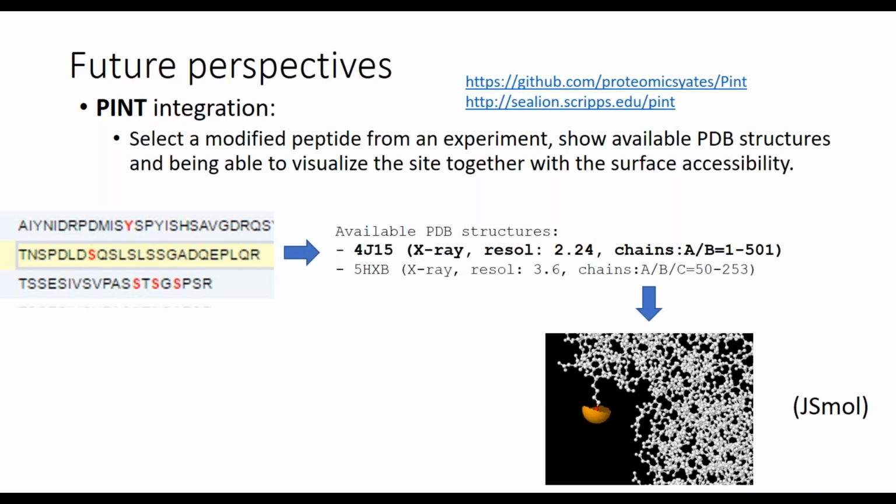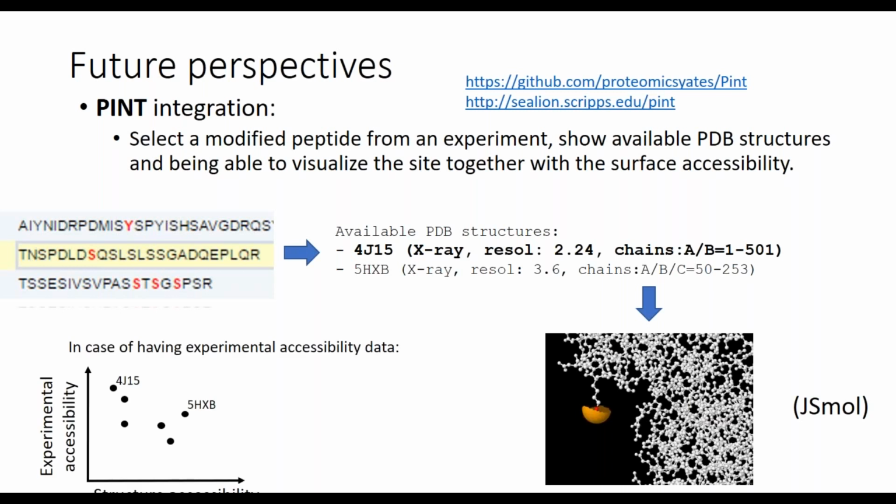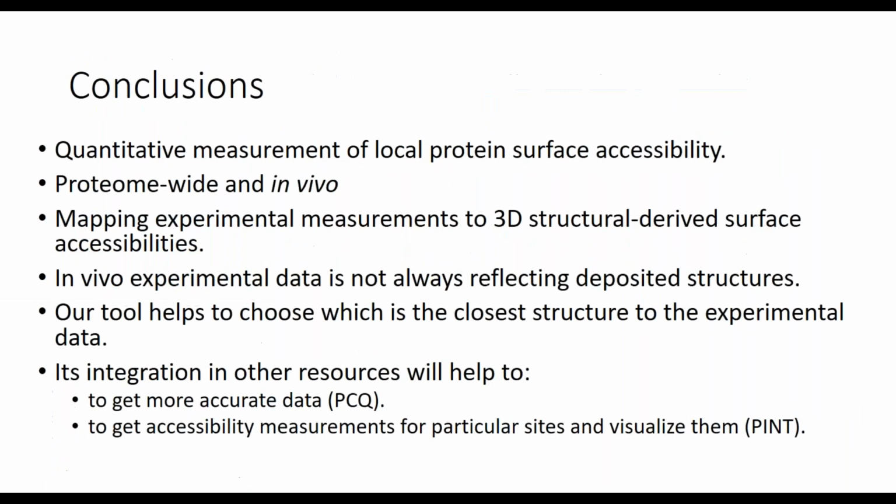Because we already have this code, it's going to be easy to integrate in our online tool. And then we can think about applying this to particular cases of interesting PTMs in peptides, but also for these surface accessibility experiments, we can generate plots of the comparison between the experimental accessibilities and the structure accessibilities or something like that.